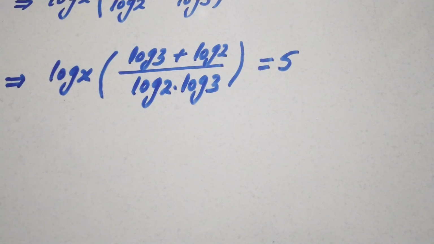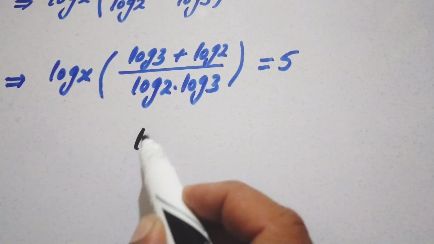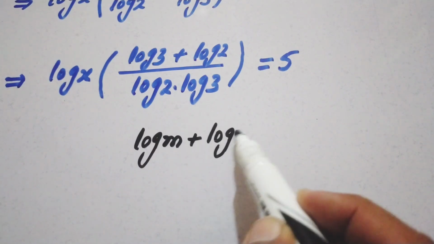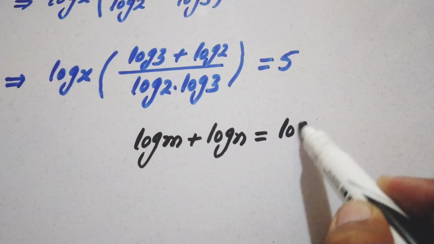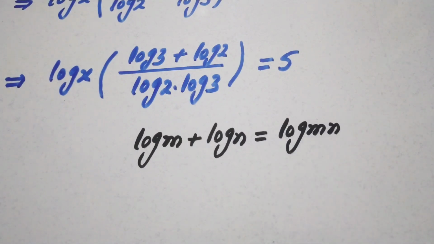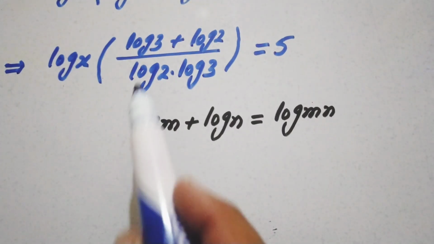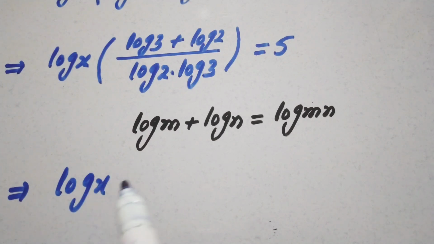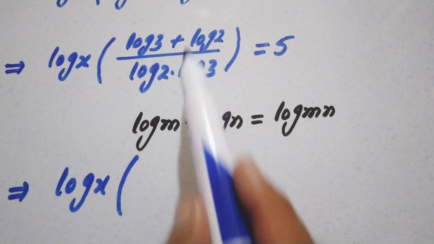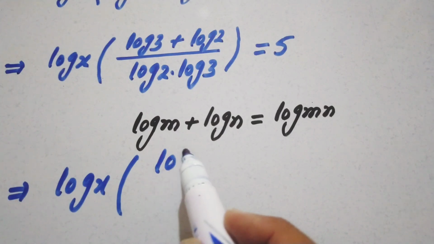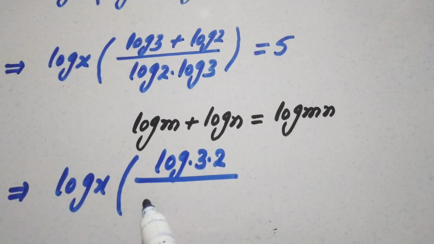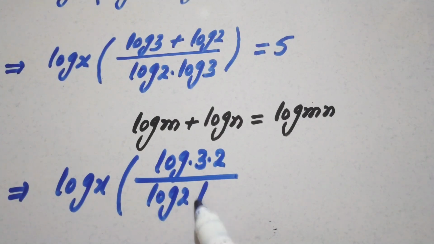Now using another logarithmic property, that if we have log of m plus log of n, this is equal to log of m multiplied by n, log of mn. So we can apply this logarithmic property here. Log of x into this will become log of 3 multiplied by 2 divided by log of 2 into log of 3.